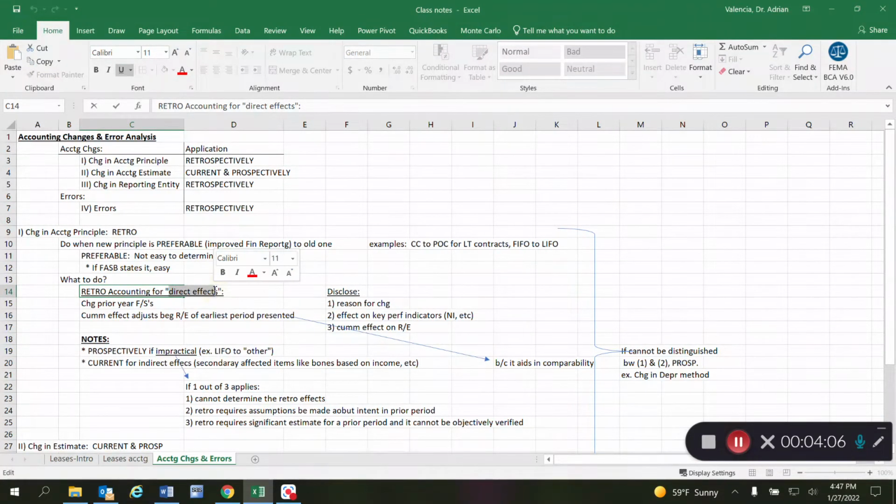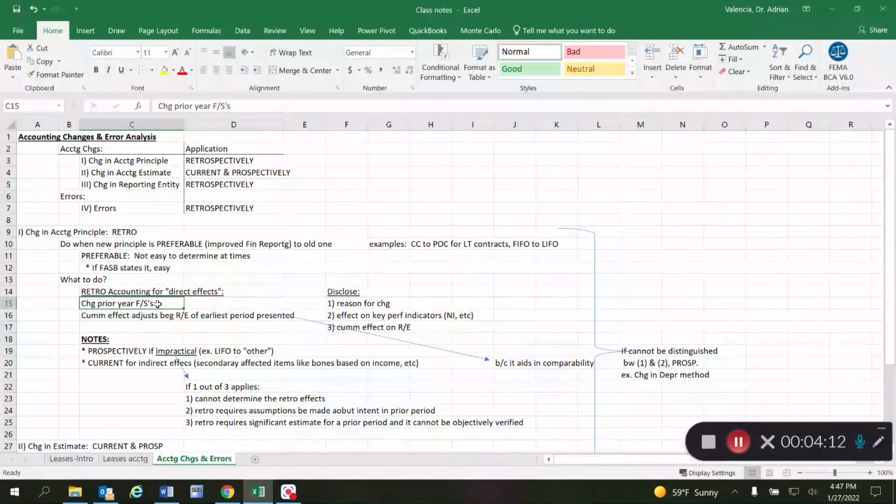For those direct effects, we will change prior year financial statements as if we had used that accounting principle in the past. And then we will note the cumulative effect by adjusting the beginning retained earnings for the earliest period that we presented. So if we're presenting comparative financial statements, we would adjust the retained earnings for the earliest period that is presented to the public.